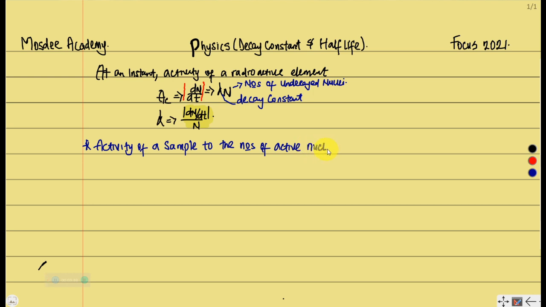This is the definition we give to decay constant, which is very good to keep in mind for questions that ask for a definition.